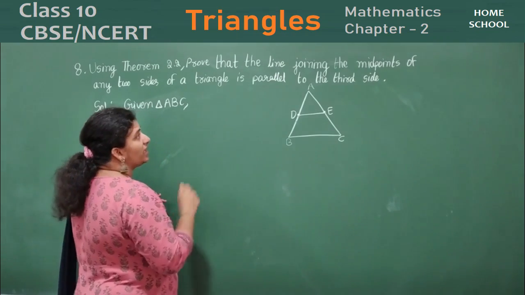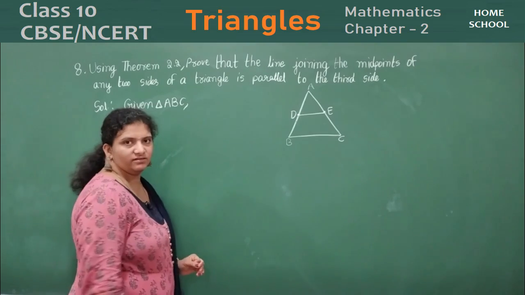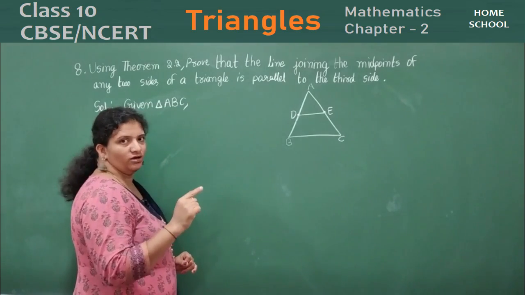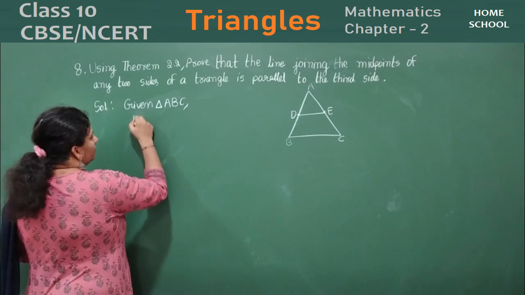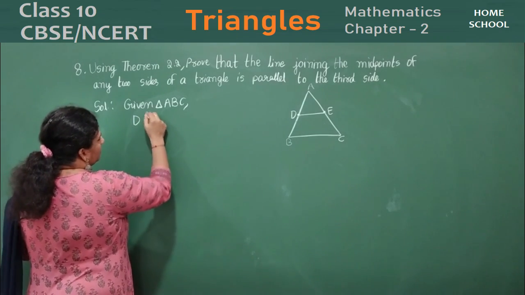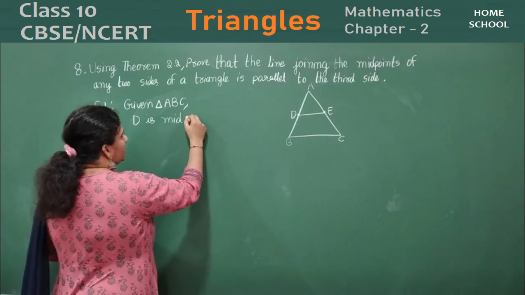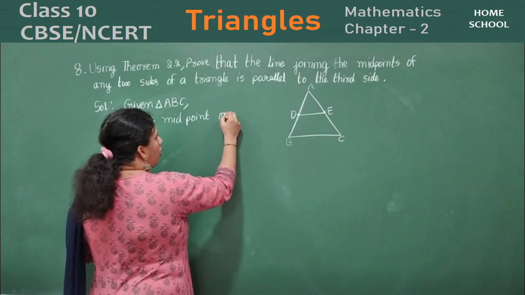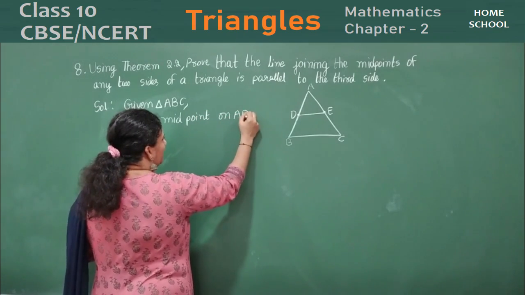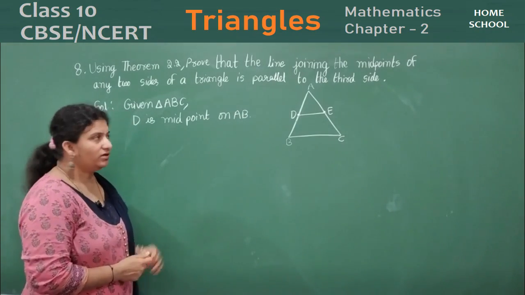So, what else have they given? Midpoints of two sides, and a line is drawn. Point D is the midpoint on AB line segment.